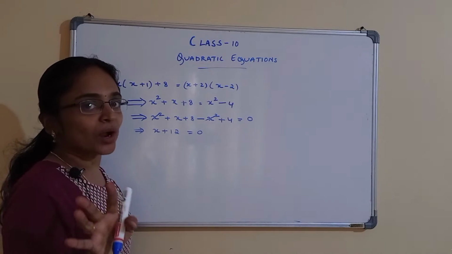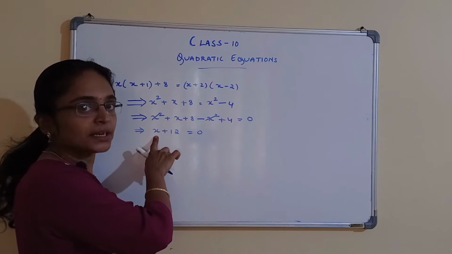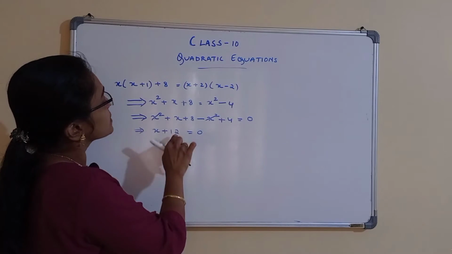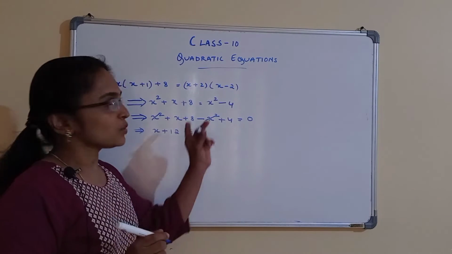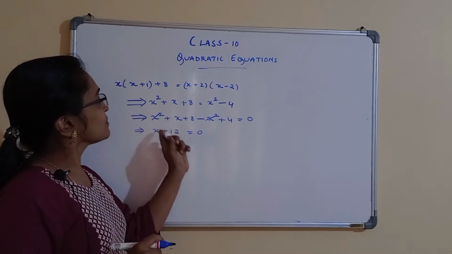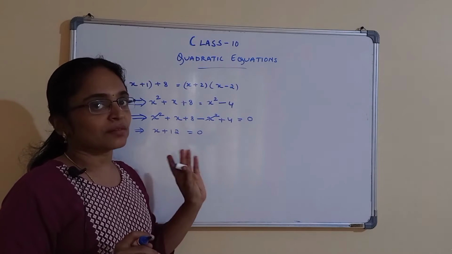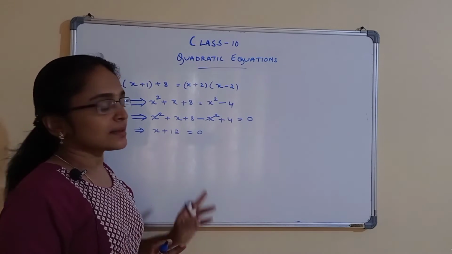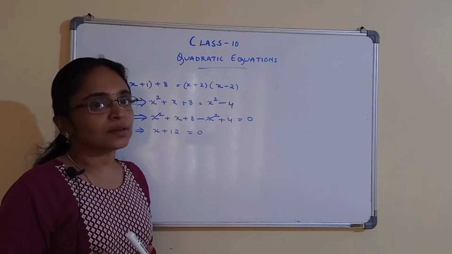This is not a quadratic equation because this is of degree 1. This seems to be a quadratic equation, but the x square and minus x square will get cancelled. So this is not a quadratic equation.